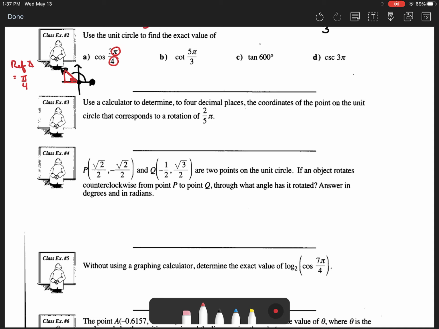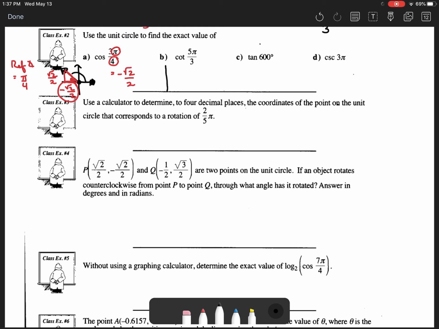We like pi over 4 because in the 45-degree triangle the two dimensions are the same, root 2 over 2 and root 2 over 2. And this one's negative. So cosine in quadrant 2 is negative, which is the x, right? All we want is this. So this is negative root 2 over 2, the x dimension of the reference angle. That's all we're looking for here.